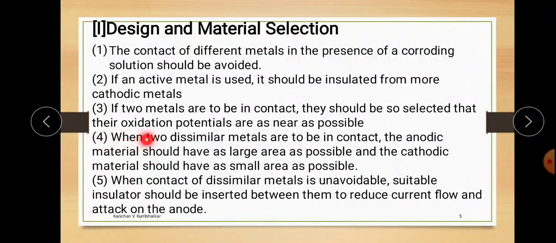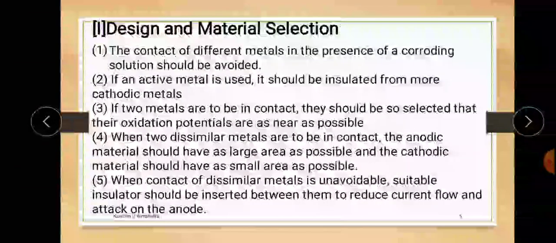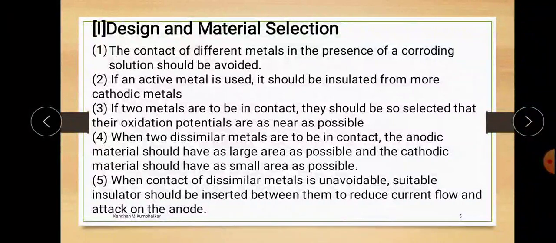From point 4, it is clear that if an anode and cathode are formed, and two dissimilar metals are connected, then for the same example, aluminium and copper, if you connect the aluminium and copper, take the aluminium area more as compared to the copper, due to which the rate of corrosion decreases.